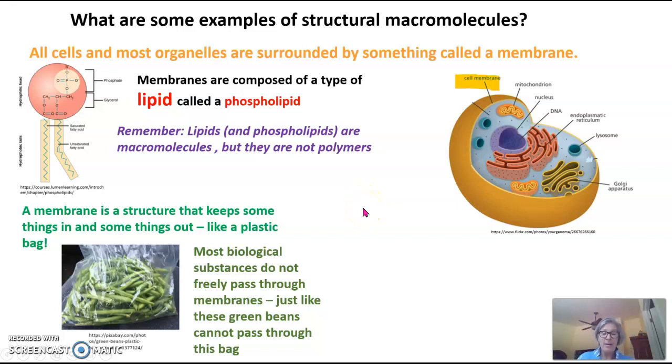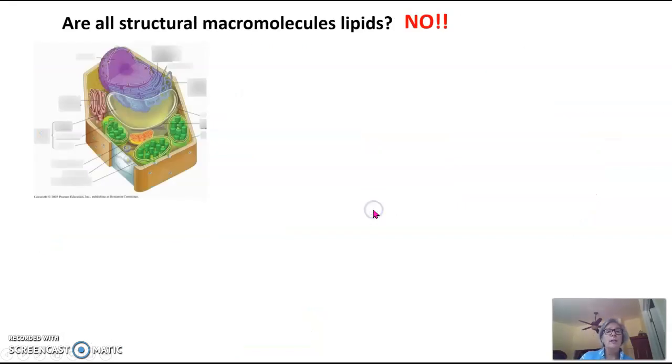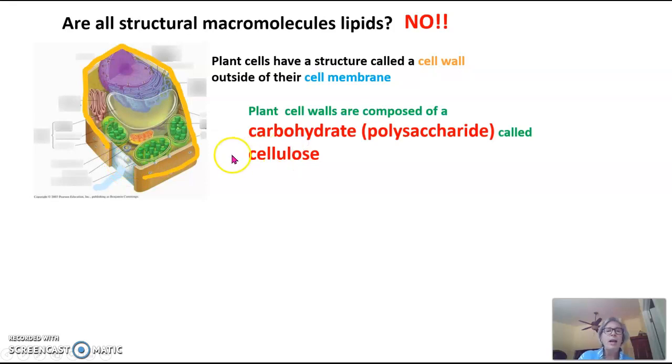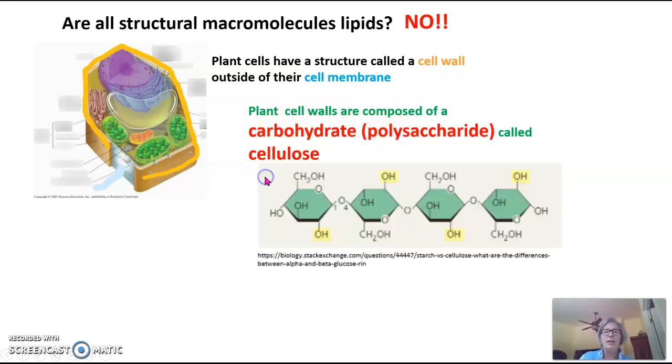So we've seen that a lipid can be a structural molecule, but are all structural macromolecules lipids? No, they're not. Plant cells have a structure called a cell wall outside of their cell membrane. That's pictured here in orange. And the cell membrane is pictured here in this kind of sky blue. Remember, the cell membrane is composed of a lipid called a phospholipid, but plant cell walls are composed of a carbohydrate, a polysaccharide then, and it's called cellulose.